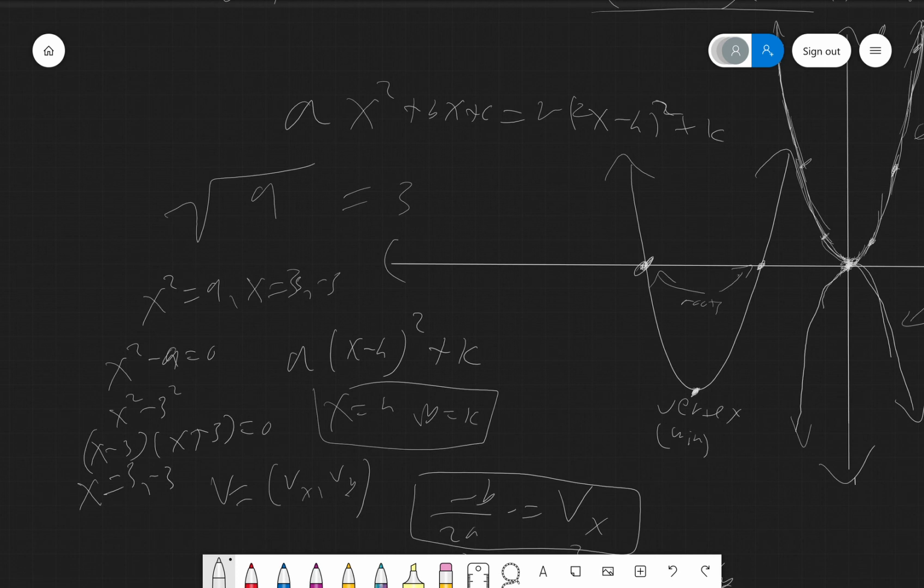So just remember, if you had the square root of a number, it's just a positive one, or the principal square root. And if you had something squared equals a number, there are usually two answers. So now if we were to square root both sides, we get x equals square root of 9, but that notation is already taken by positive square root. What about negative square root? So it's positive and negative.